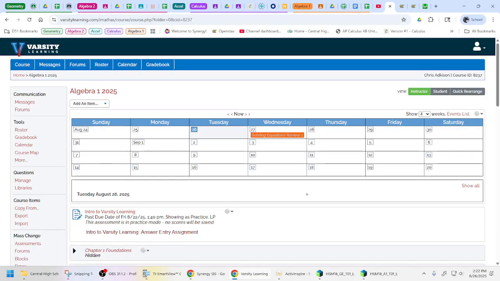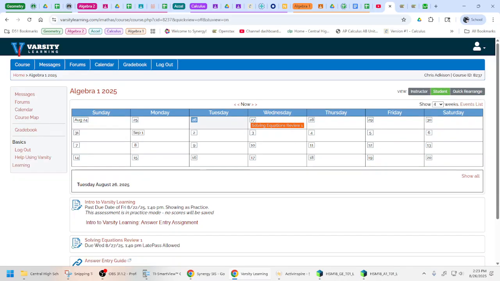Okay, those of you who've gotten into varsity, if you haven't, you should have talked to me by now, I have a solving equations review in there for you that's due tomorrow for this quiz. So it'll help you prepare. Look up there. I'll show you what to do. Actually, I think I can do it with this. When you get in, here's what it will look like. It's going to have this.